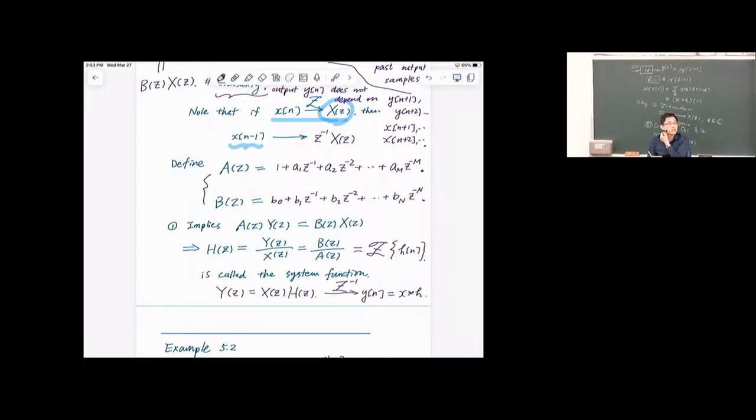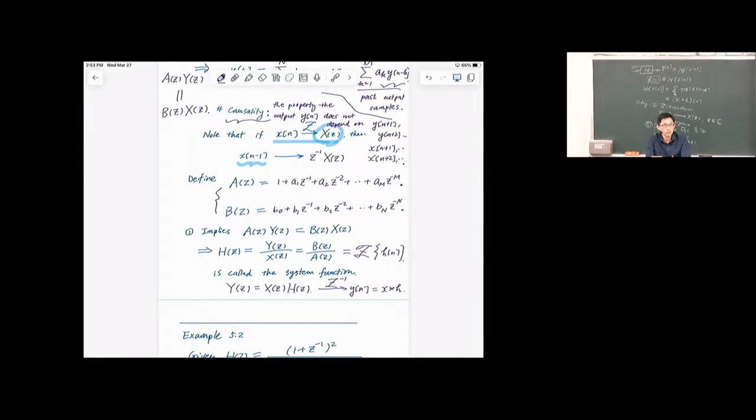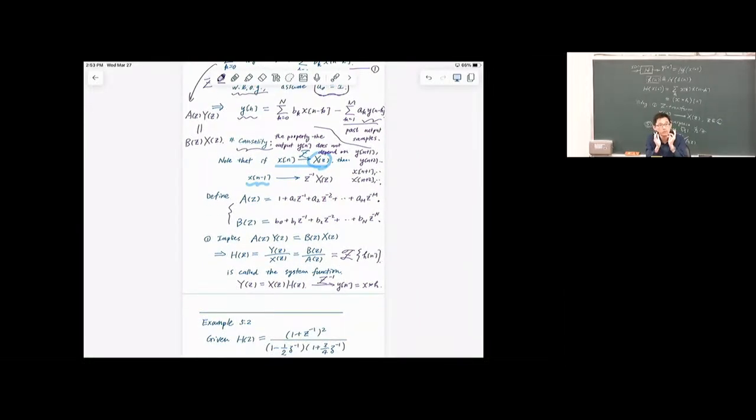All right. Okay, so here already we have a lot of information to digest, okay? We have a difference equation, and from there, we can define two polynomials based on the coefficients. We call the polynomials A of Z and B of Z, right?